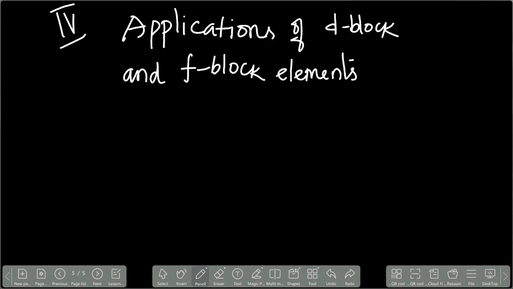So that also you must learn. And for f-block elements you have mischmetals and pyrophoric alloys. So that's all about this chapter. Once you go through all these areas, surely you will get 7 out of 7.